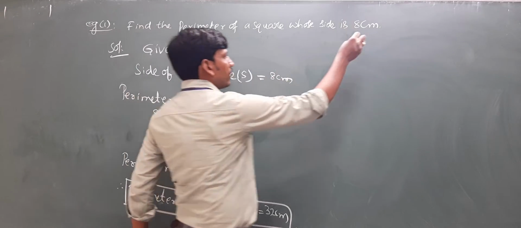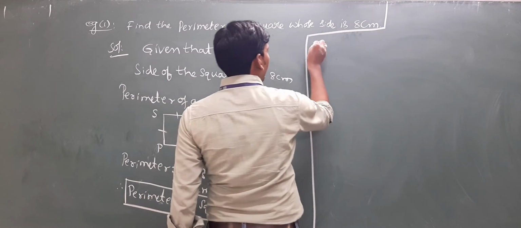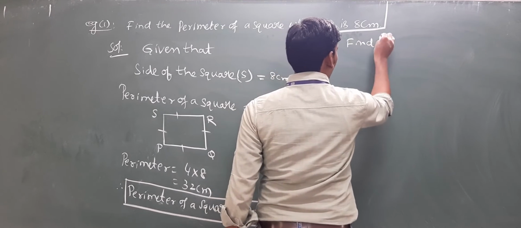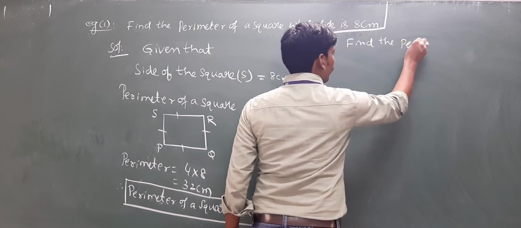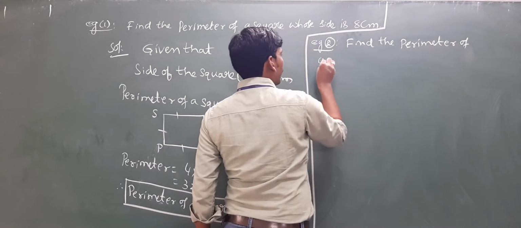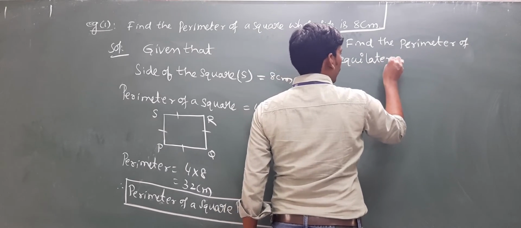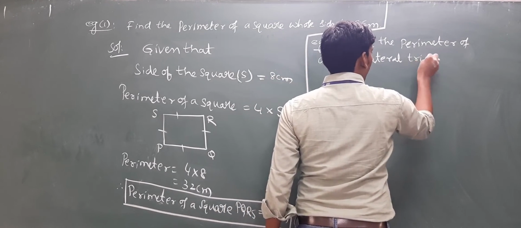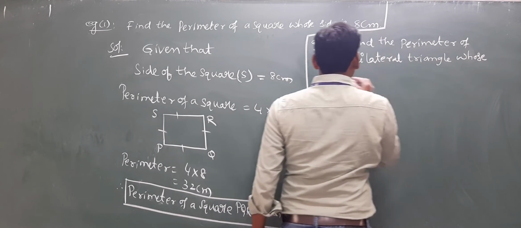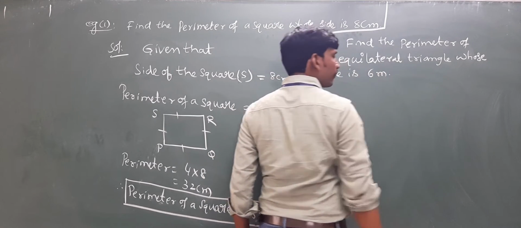Okay, now let us discuss one more example based on the equilateral triangle. Example 2. Find the perimeter of an equilateral triangle whose side is 6 meters.